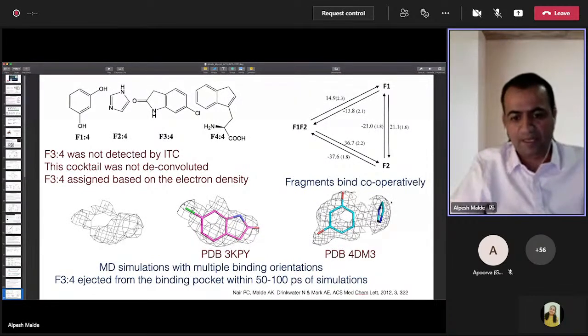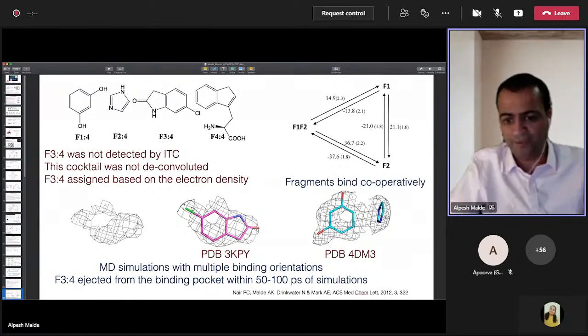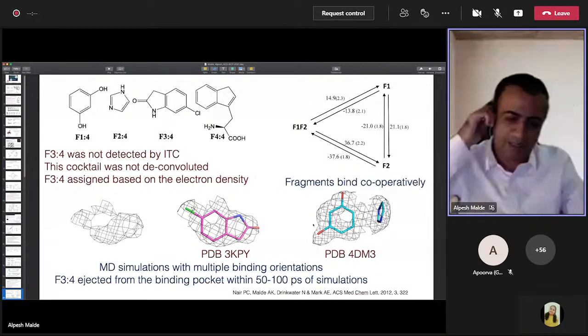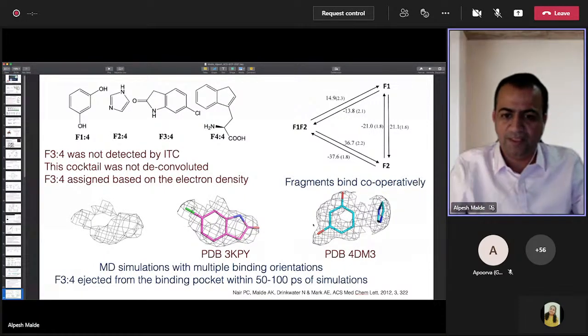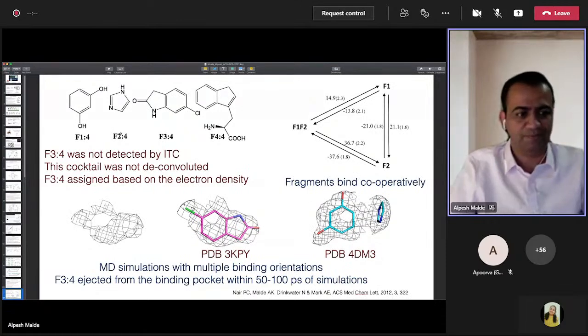But again, this shows another example that what is shown in the literature and what is in reality could be totally different. And this also partly explains why it is always difficult to design drug molecules based on just the X-ray structures we know.